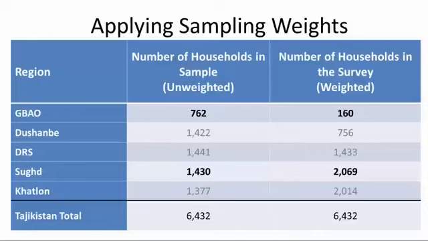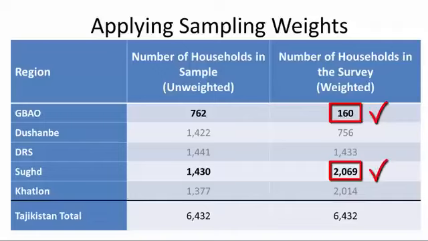Once we apply weights to the 2012 Tajikistan DHS data, the weighted number of households from Gabao is only 160 out of 6,432, which is close to Gabao's true percentage share of the population. Similarly, in Sugd, the weighted number of households is 2,069 out of 6,432, which is close to Sugd's true percentage share of the population.